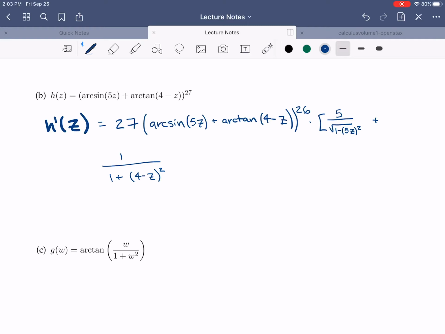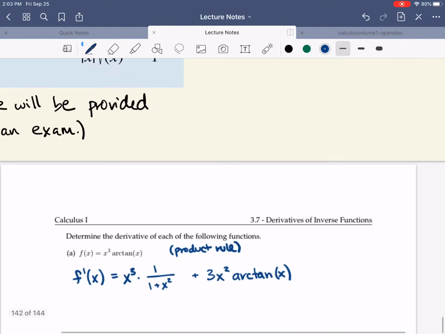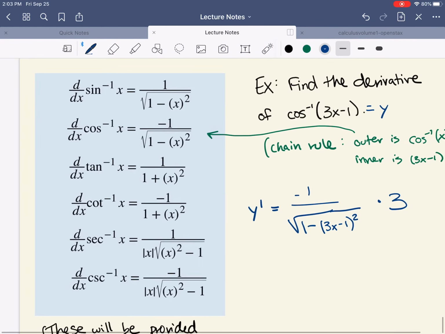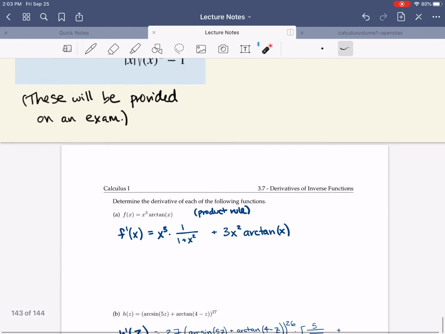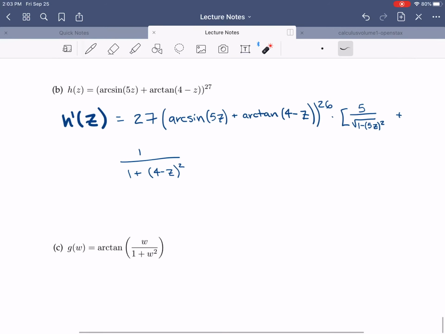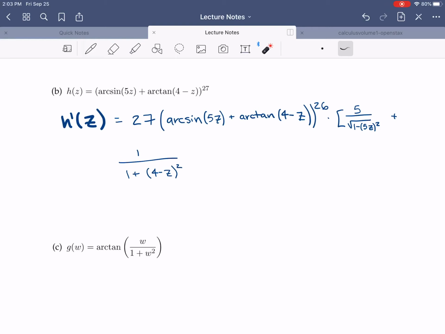And again, if you're wondering where those are coming from, we know the derivative of arcsine and we know the derivative of arctan. And then again, I have to think about the derivative of 4 minus z, which will be negative 1.